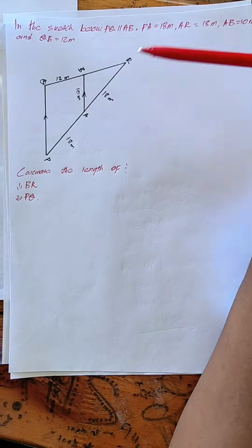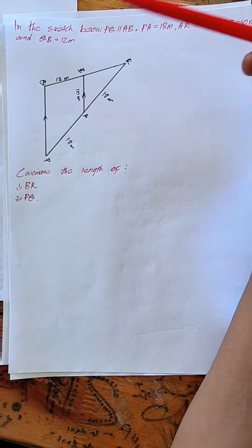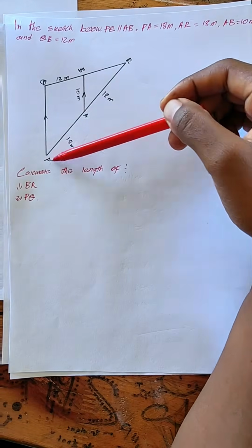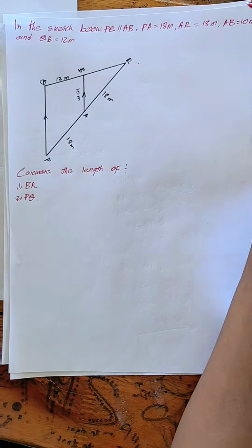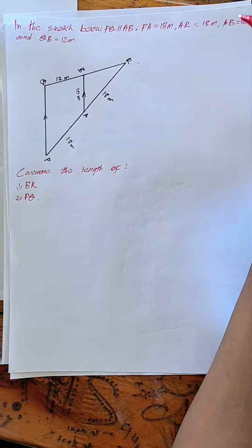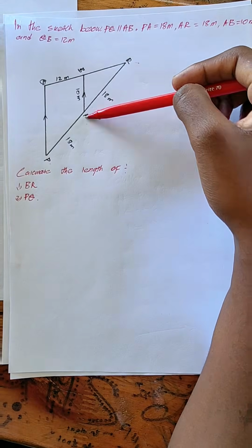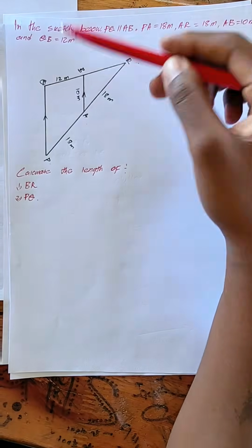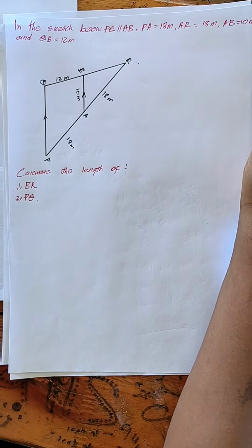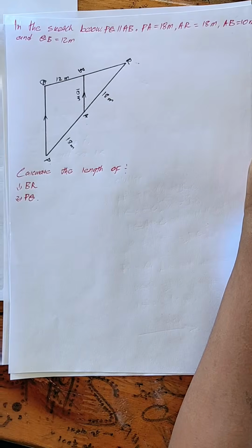AR equals 18 meters. This is also equal to 18 meters. Now, AB equals 10 meters, and QB equals 12 meters.